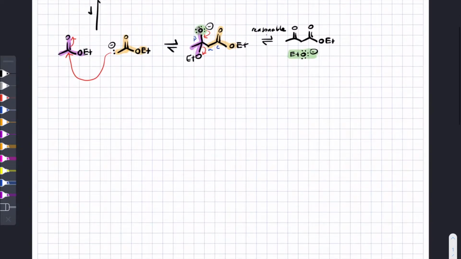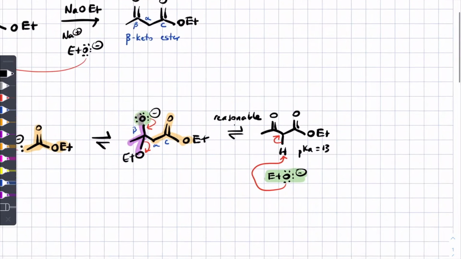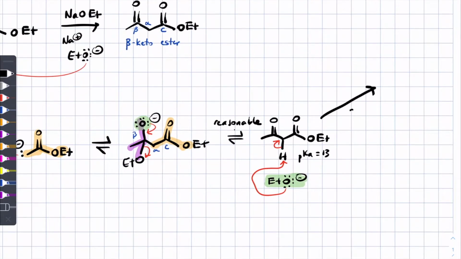So keep in mind, and I will just show you this for your enrichment, you wouldn't have to show this mechanism, but keep in mind that a proton alpha to 2 carbonyls has an unusually low pKa of about 13. So as soon as negatively charged ethoxide leaves, likely the first thing that happens is an extremely downhill, irreversible type step under these conditions where we remove the alpha proton and form the enolate.